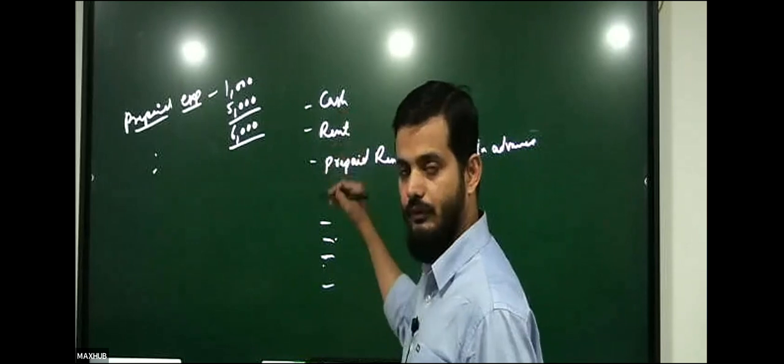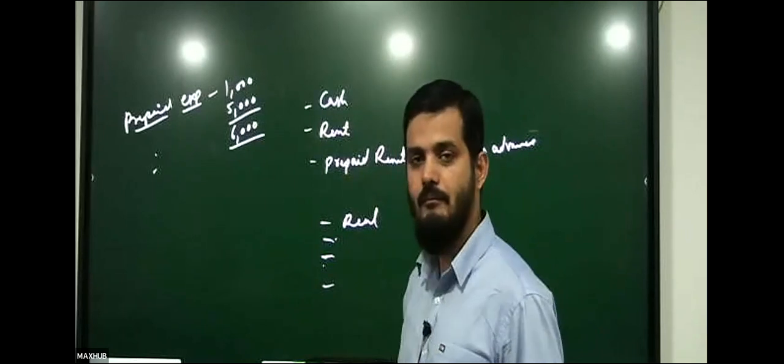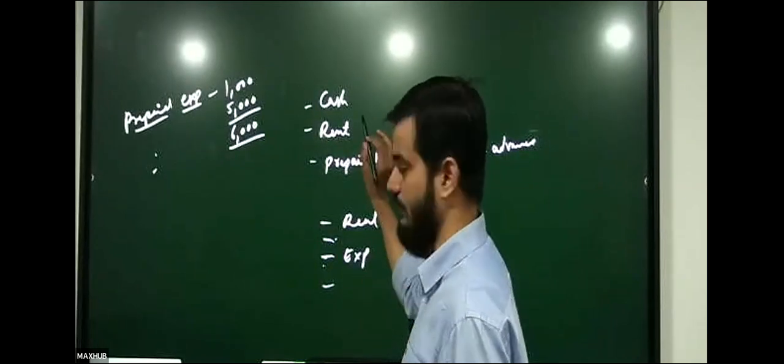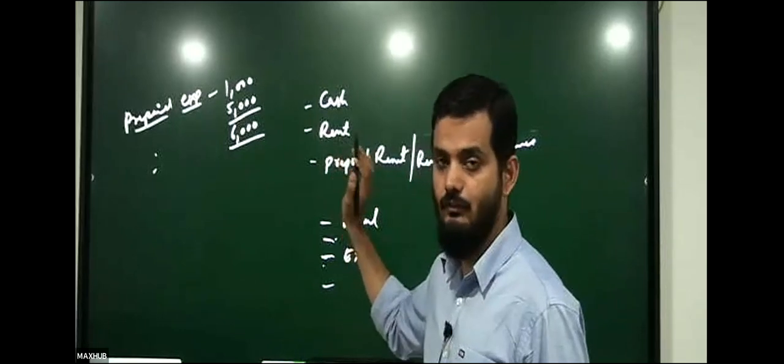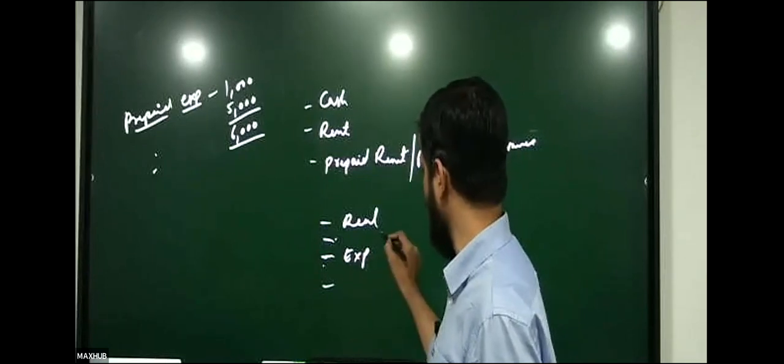What is the accounting type for cash? Real account. Everybody knows it's a real account. Rent is an expense. We are talking about rent only. Rent is an expense and nominal. Because this is an expense, it will be nominal.